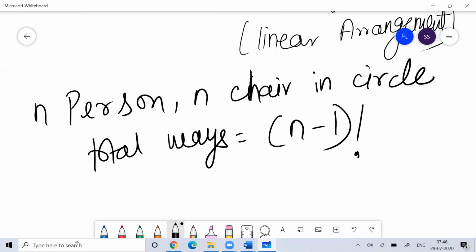That's why in the case of a circle we follow n minus 1 factorial.